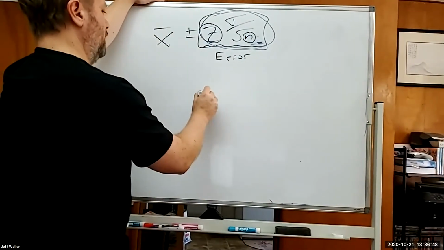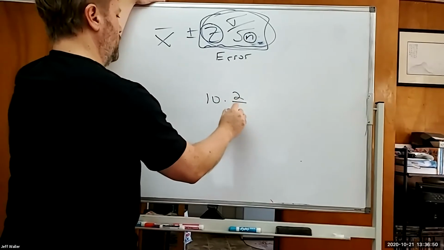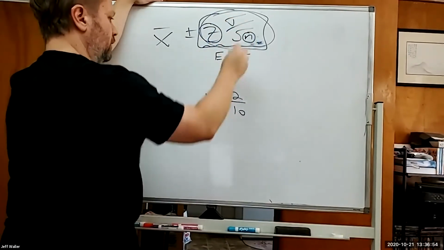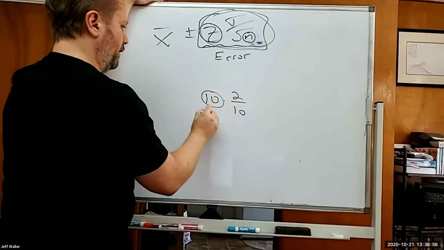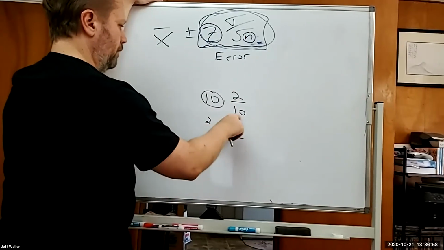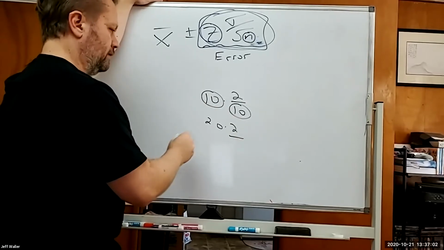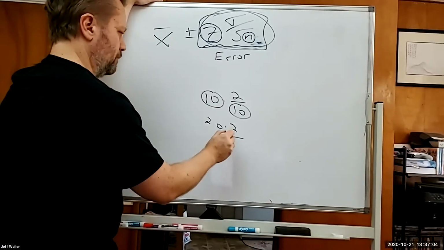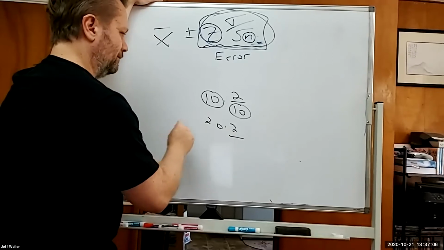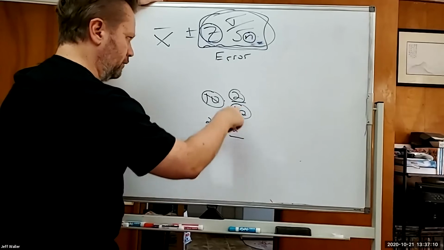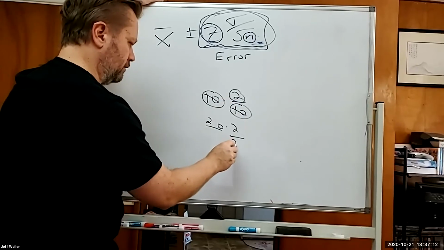So if I have 10 times 2 divided by 10, right? Something times something divided by something. If I make this go up to 20, what has this got to do so that overall it's the same number? Does that make sense? Right now, this is the number 2. If I make that 20, what does this have to be so it's still 2? This has to go up.